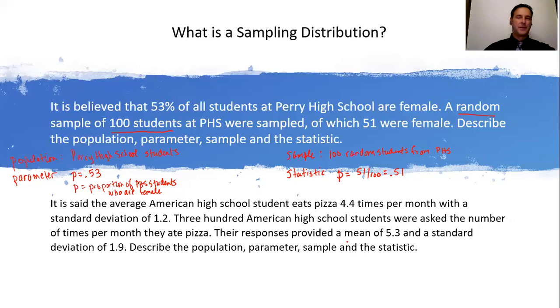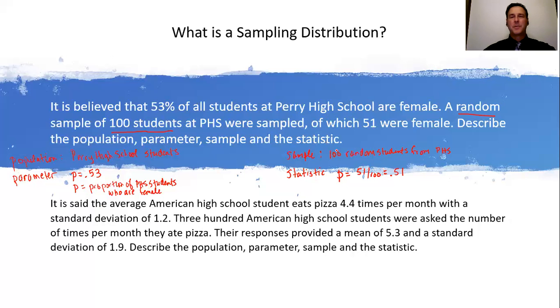And I want to do something. I have two things that are both identified with a P. I have P equal to 0.53, the proportion of PHS students from our population who we thought are female. And then I have a P here where, in our sample, 51 out of 100 were female.